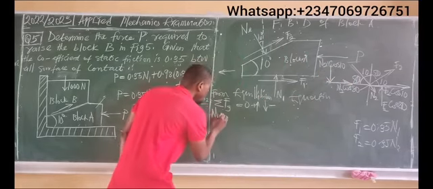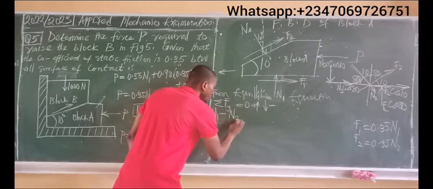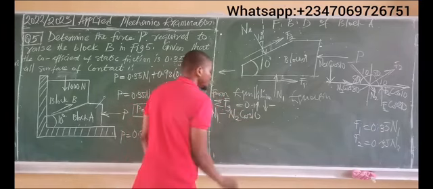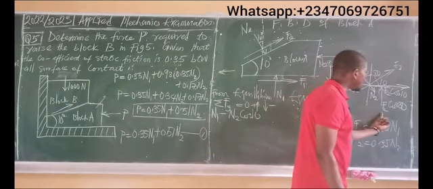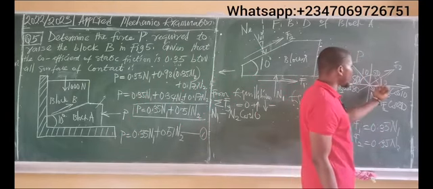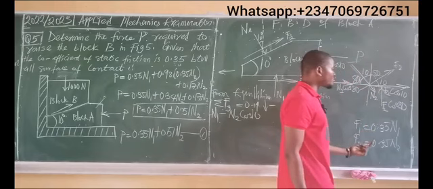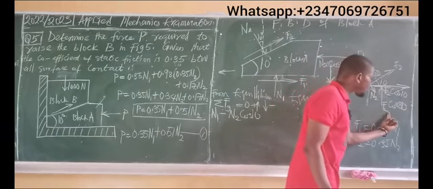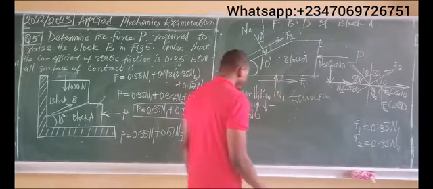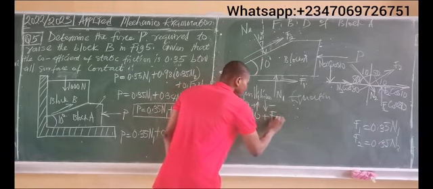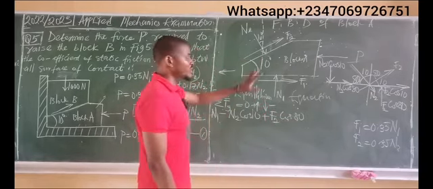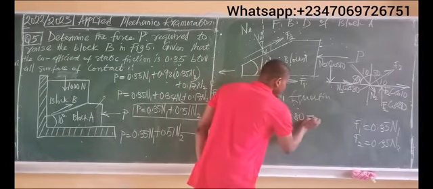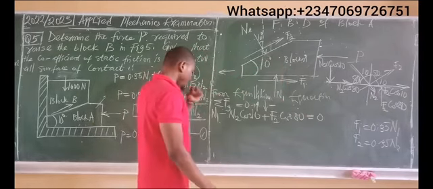So you have minus N2 cos 10. Similarly, the frictional force F2 is pointing upwards, so it becomes positive, and the value gave us F2 cos 80. So you have plus F2 cos 80. These are all the vertical forces on this system, and you simply equate this to 0.